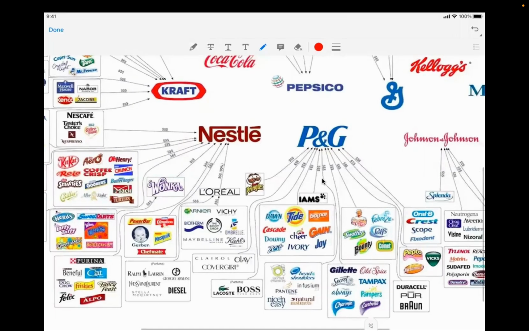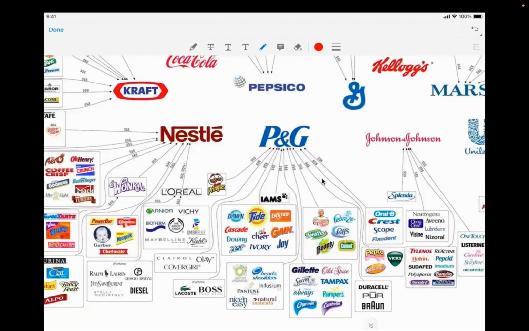In Procter and Gamble, you have products like toothpaste, washing powder, razors like Gillette, batteries like Duracell, and companies like Boss or Lacoste as a subsidiary or part of this business. And at the same time, we have Pringles, which is chips, so they are completely different business lines, but now produced by one single company.